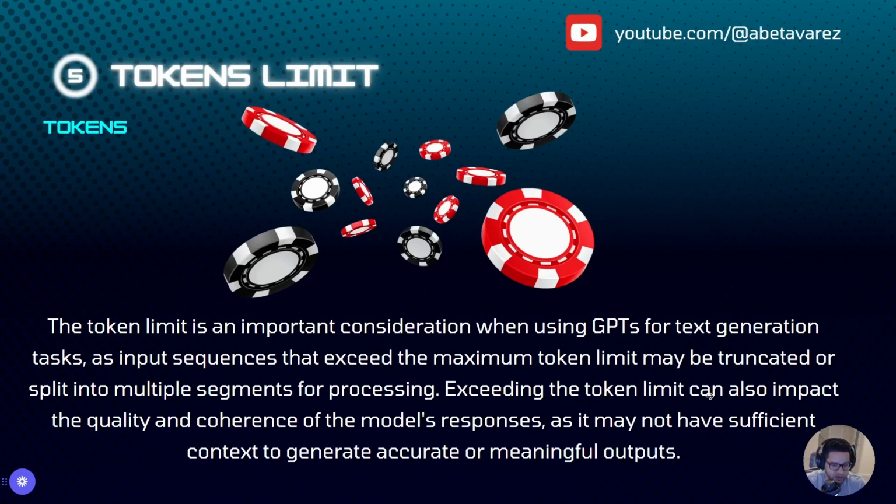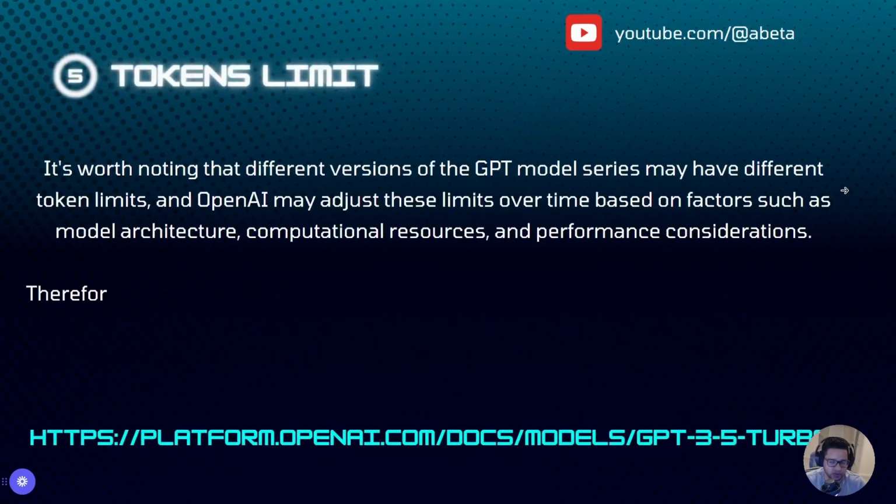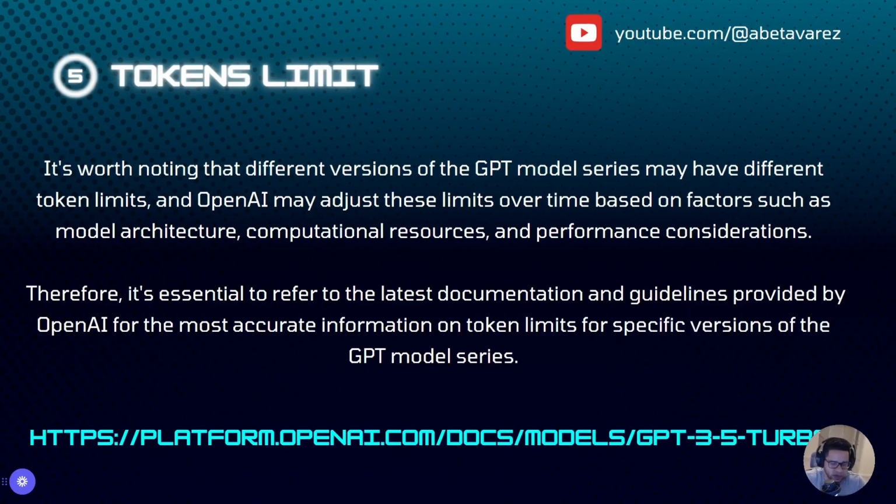Exceeding the token limit can also impact the quality and coherence of the model's responses, as it might not have sufficient context to generate accurate and meaningful outputs. So you might get something completely out of context if the LLM runs out of tokens to generate. And that's something we have to play with to get used to.